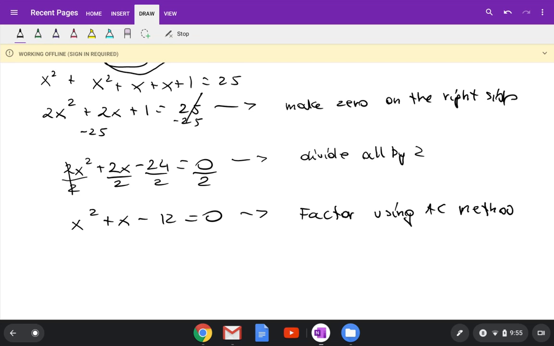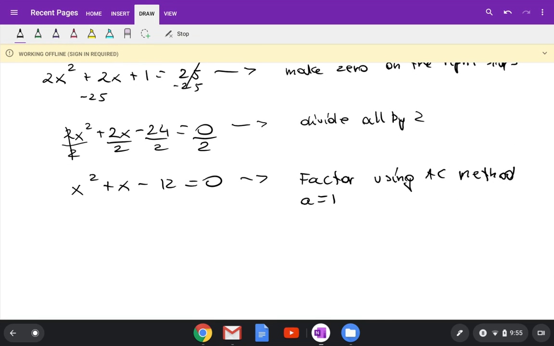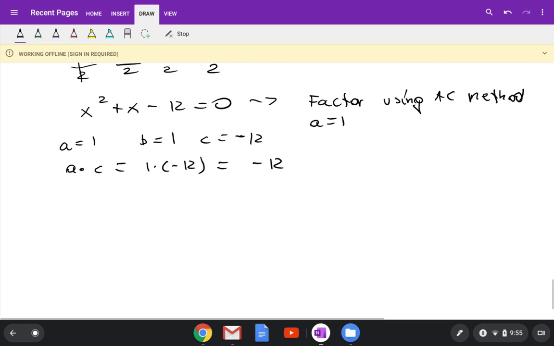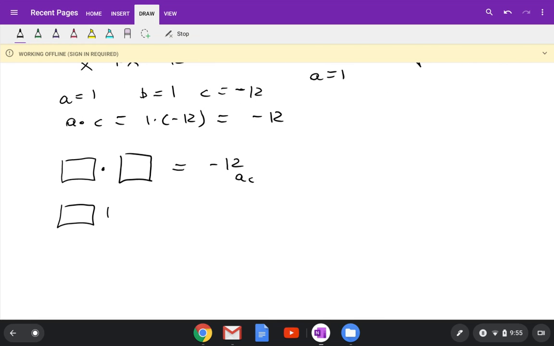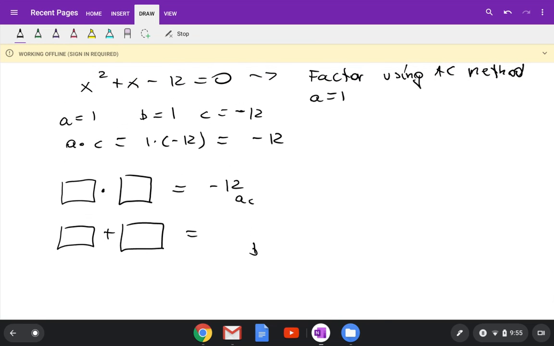And this is a nice case because a is equal to 1, so you don't need to worry about finding the GCF. So a is equal to 1, b is equal to 1, c is equal to negative 12. So a times c, 1 times negative 12, gives you negative 12. We need to find two integers which by multiplication give you negative 12, which is AC, and the same two integers by addition have to give you b. b in our case is equal to 1.